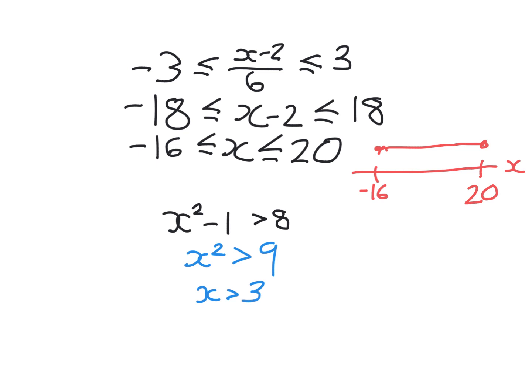If x squared is greater than 9, x could be greater than 3, but it could also be less than negative 3. Remember, something like negative 4 squared is 16. That's greater than 9. So any value greater than 3 or less than negative 3 will work. When you've got squared terms in inequalities, you have to take account of positive and negative solutions.